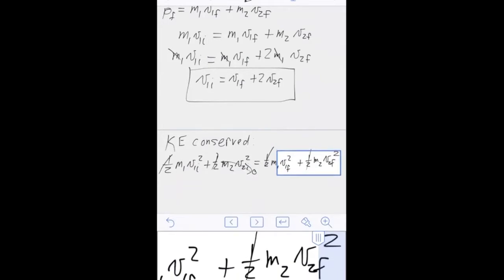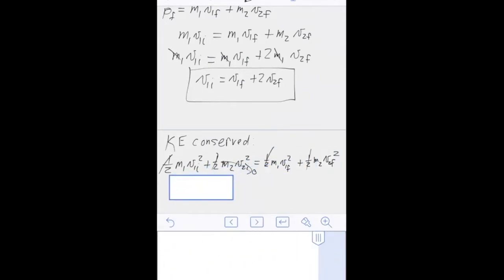The other thing I can do is say that V2 initial is 0, so this whole term goes away. And finally, this M2 is equal to 2M1. So when I do that, let me go ahead and write it.